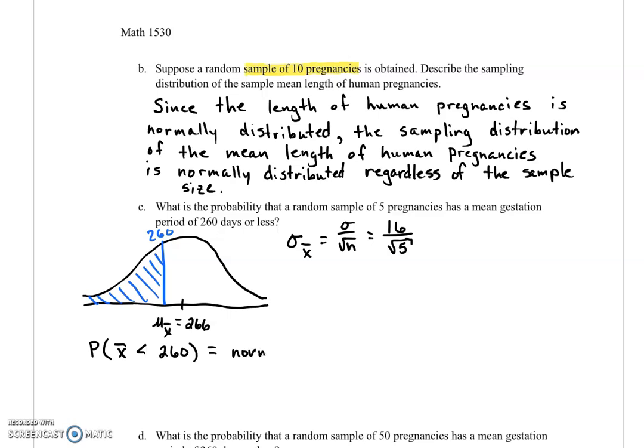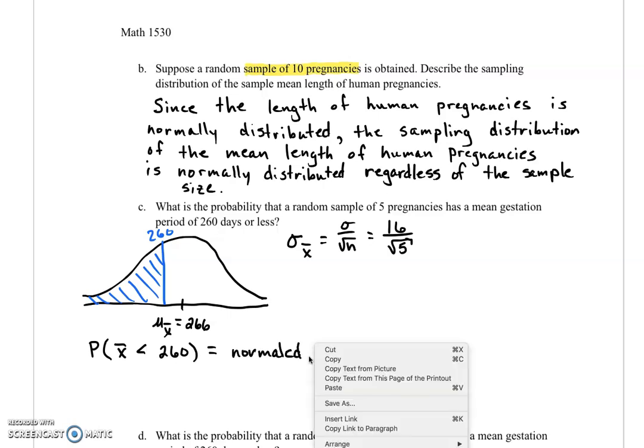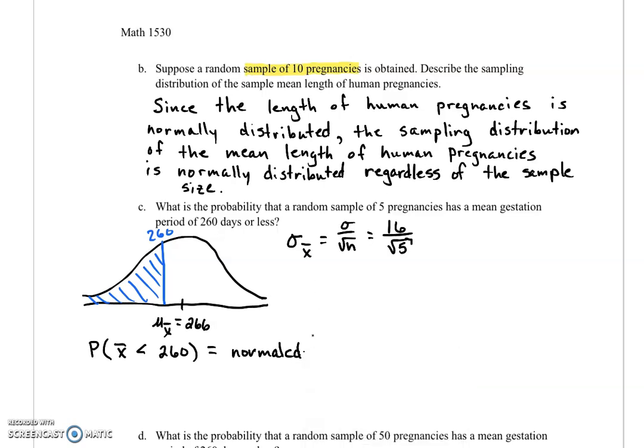is, again, just a normal CDF. And we are going to use negative 6 nines for the lower boundary because it goes to negative infinity. 260 is the upper bound. 266 as the mean.